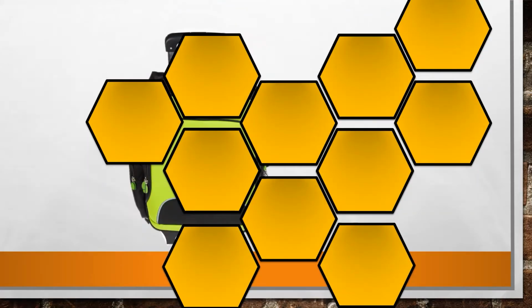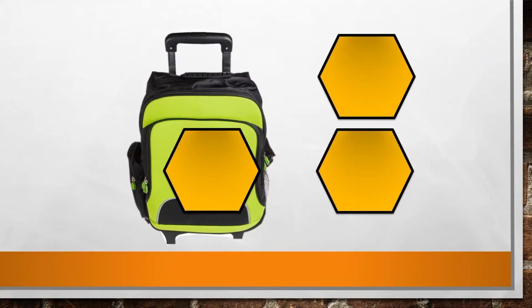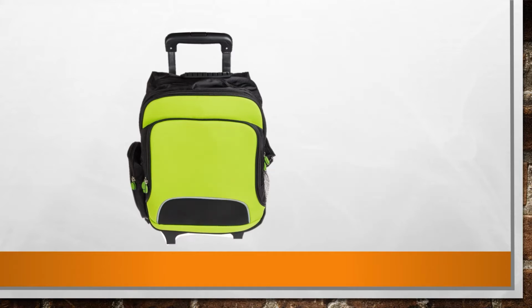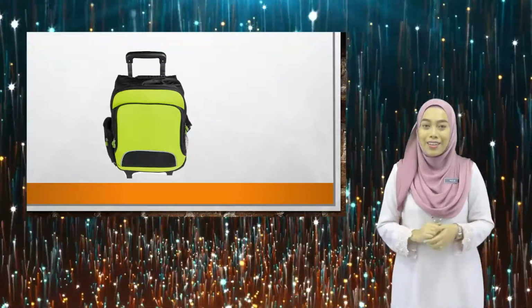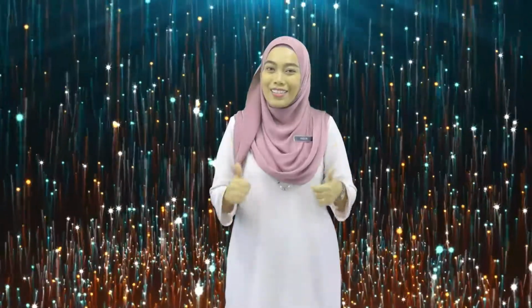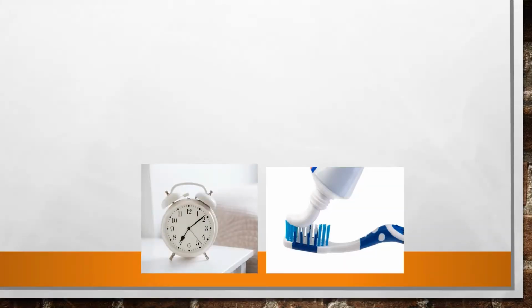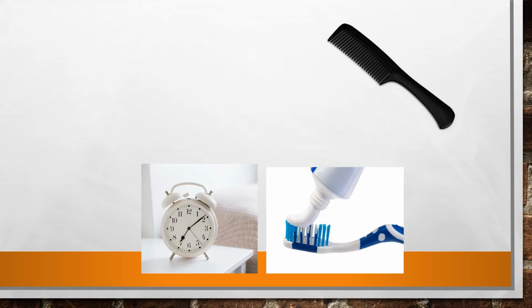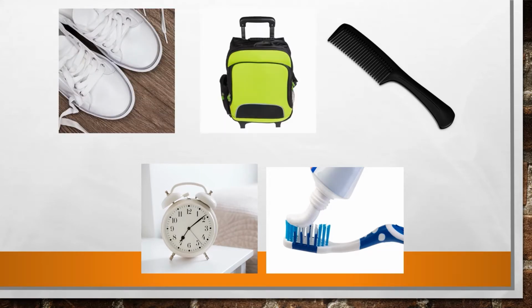Can you guess? Yes, you are right. It is a school bag. Well done, kids. You have guessed it right. We have an alarm clock, a toothbrush, a comb, a pair of school shoes, and a school bag.